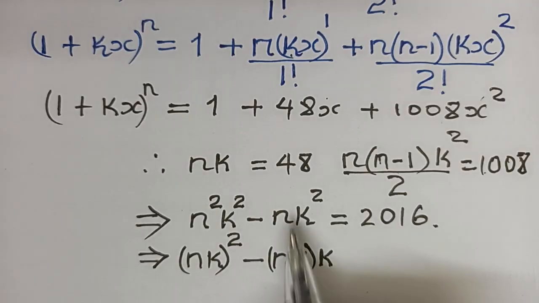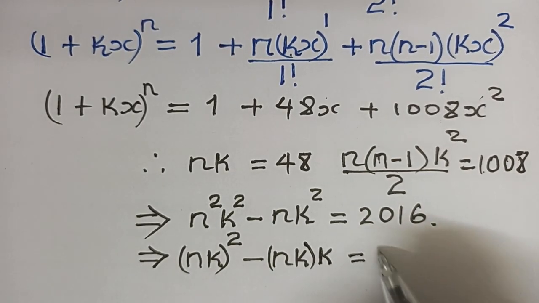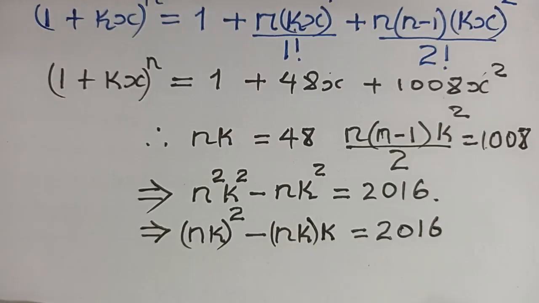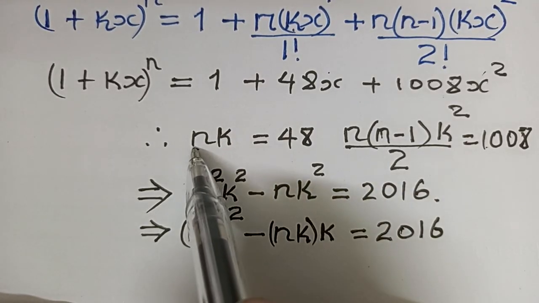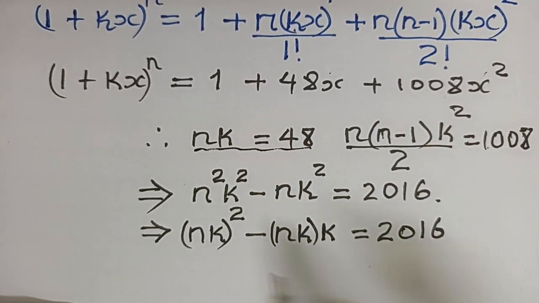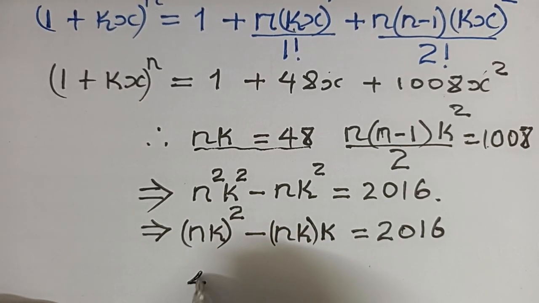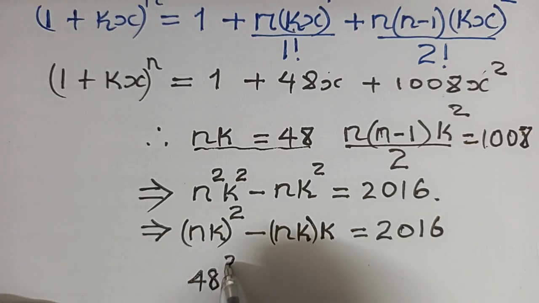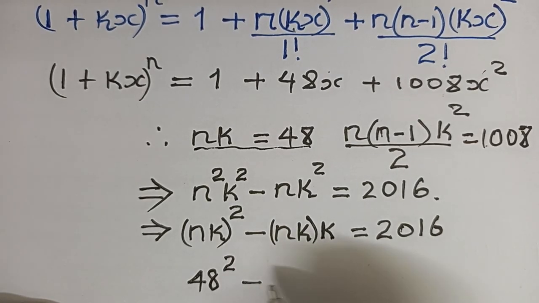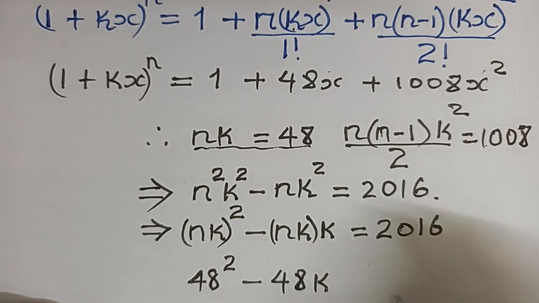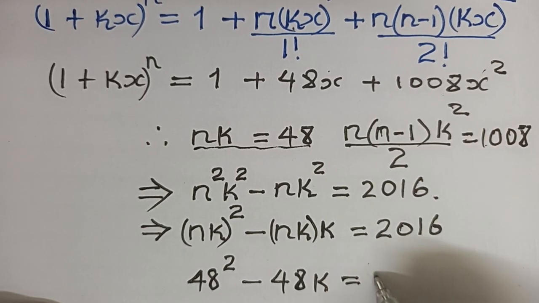It's still the same as that. This is equal to 216. And so therefore, we can now apply this in this equation. So this is now going to be 48 squared minus 48k. This now gives us 216 like that.